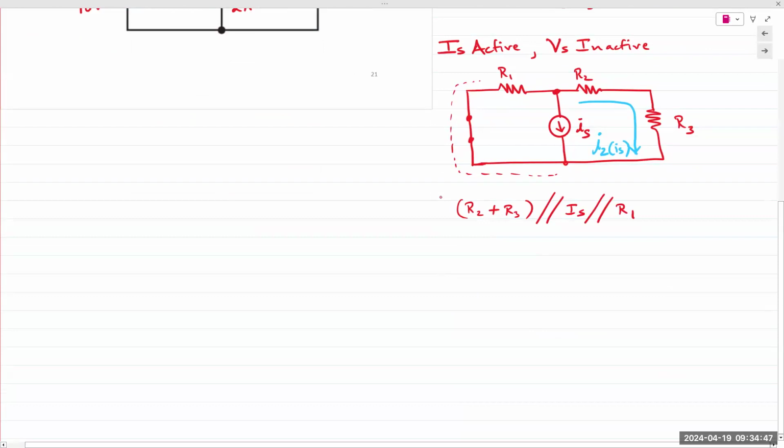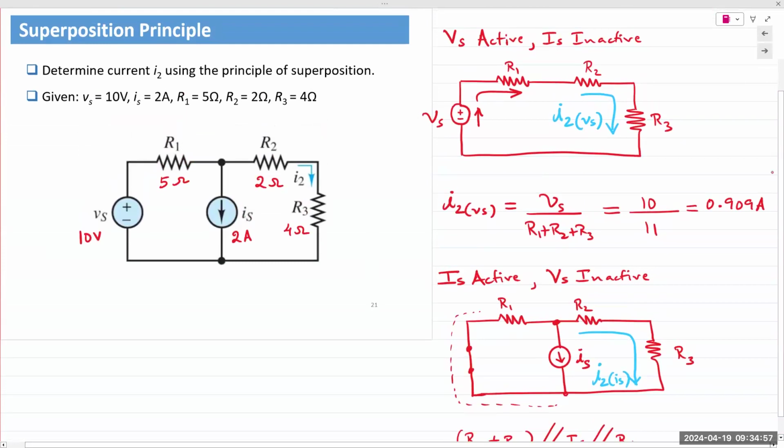Yes. Just I2. The question asked just for I2, but we can use this to find everything. So the question simply asks for I2. But again, we can find all quantities using this. Yeah.